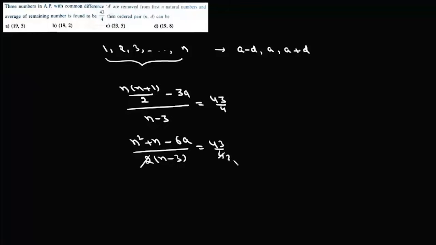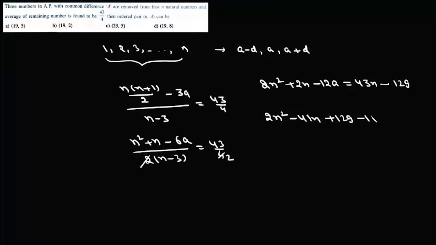Now this 2 will cancel. We can write this as 2n square plus 2n minus 12a, and this is 43n minus 129. So we can write this as 2n square minus 41n plus 129 minus 12a equals 0.